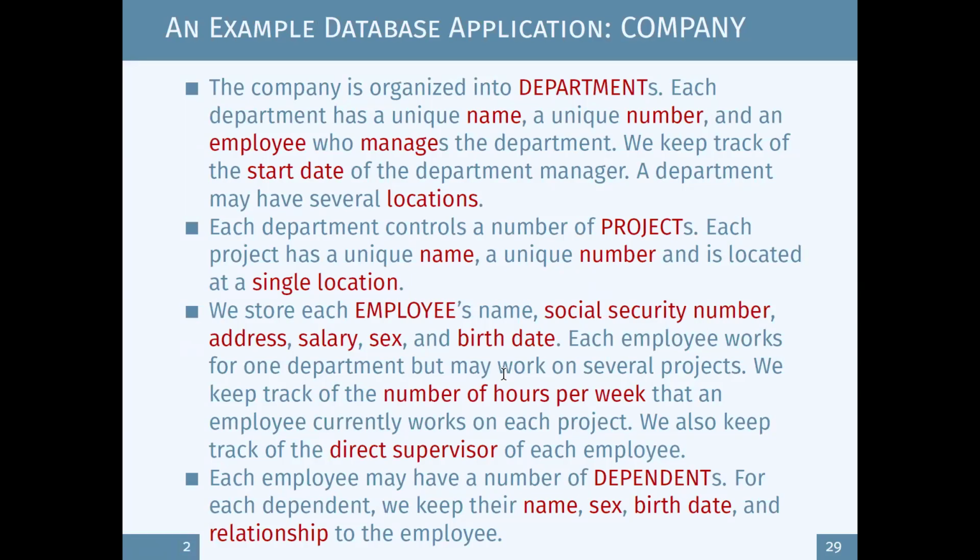That is an entity type. In the second statement, project is an entity type. In the third statement, employee is an entity type. And the last one, dependent, is also an entity type, right?